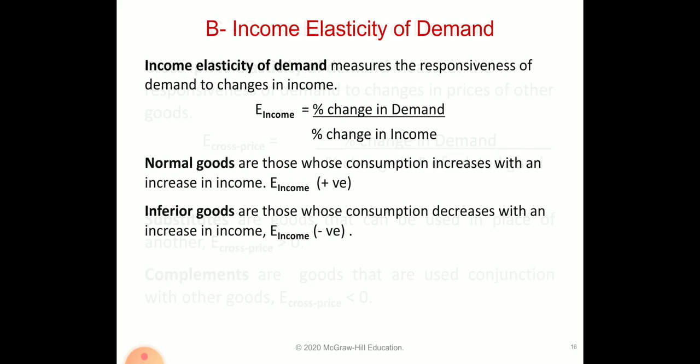Normal goods are those goods whose consumption increases with an increase in income. So this is called normal goods, positive. Inferior goods are those whose consumption decreases with an increase in income. So this is called inferior, and negative.